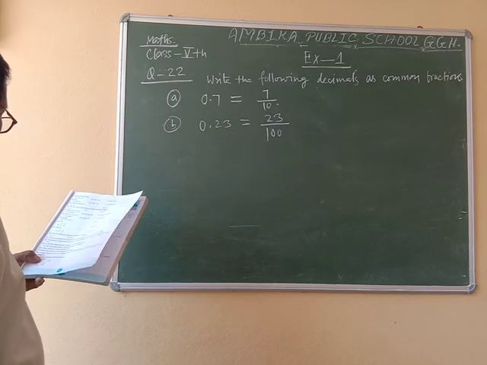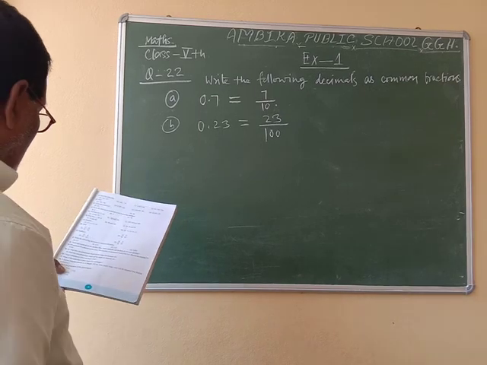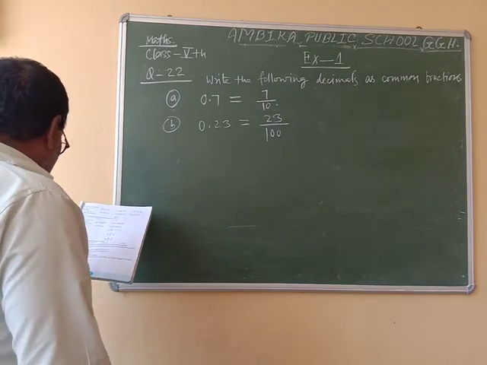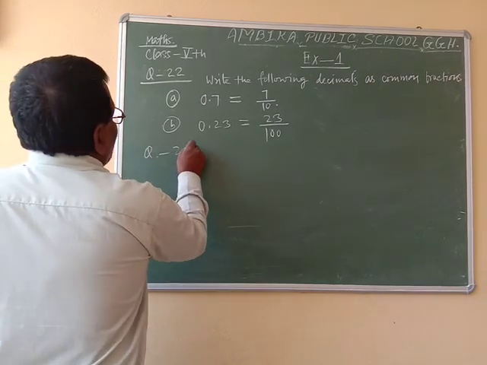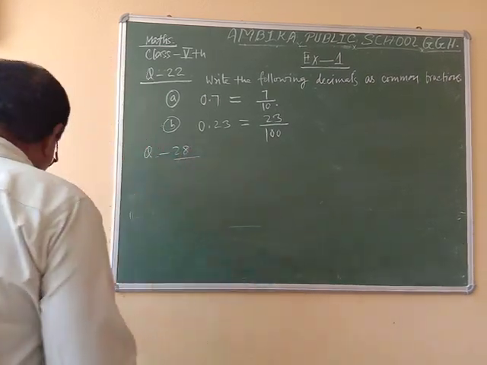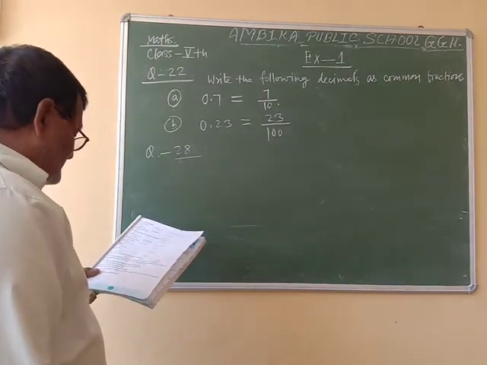And now I am going to teach you 28th number question. A square shaped garden is of length 100 meter.